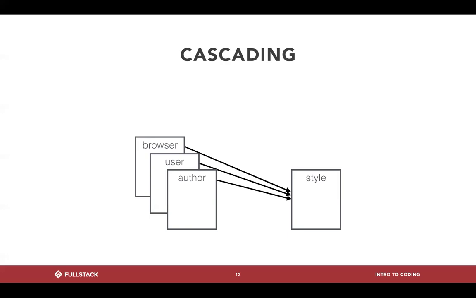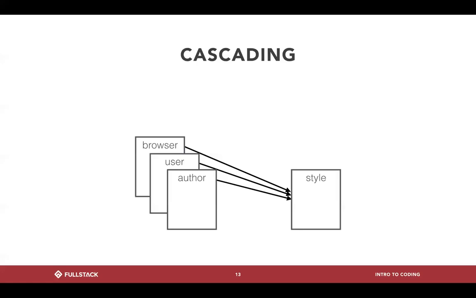So here it also talks about browser, user, and author, the default style sheets that are loaded into your app. Your browser has its own style sheet where it styles stuff, and that's loaded in first. Then on Chrome or any browser that you're using, you can define your own styles to use across any website. And those are loaded after the browser, so those overwrite rules on your browser's style sheet.